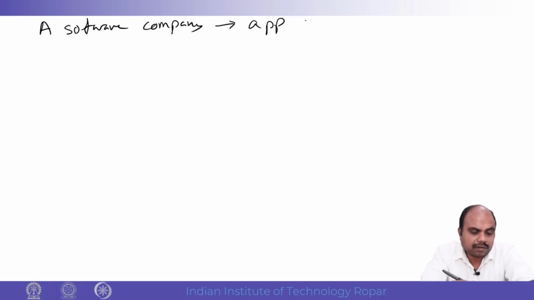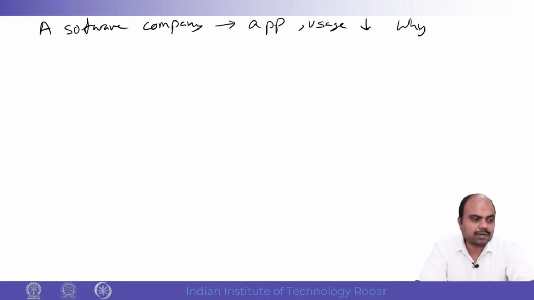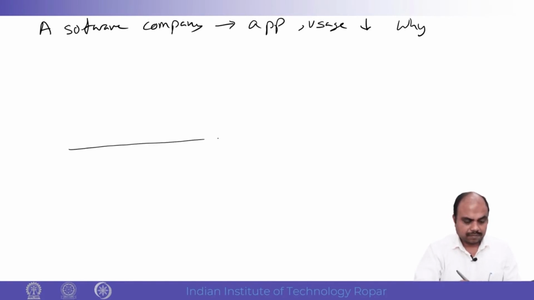So they want to find out why the usage is reduced. What causes it? They wanted to find out the reason behind this effect. So now we will have a fishbone diagram.